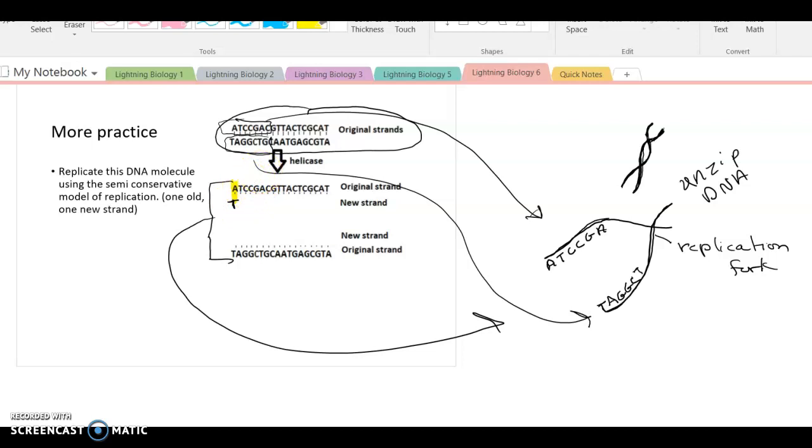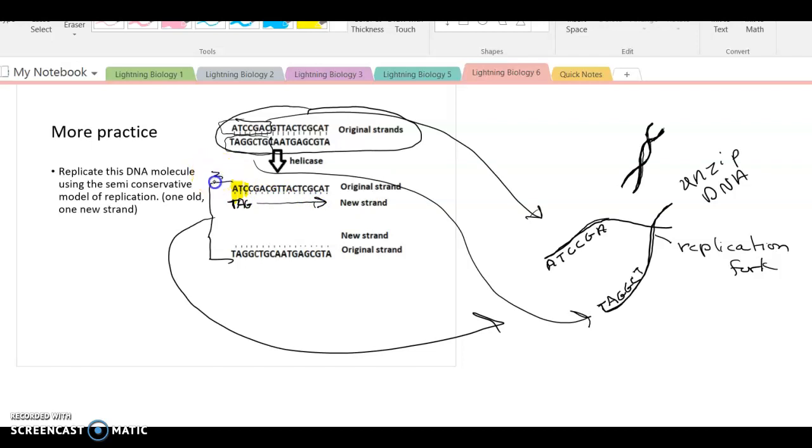Then it's going to move to the next base, which would be T, and it's going to call in an A. It'll move to the next one. There's a C, and so it's going to call in a G. And you just continue to read down the strand.